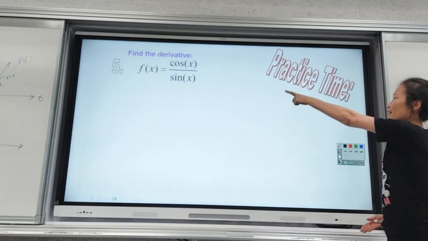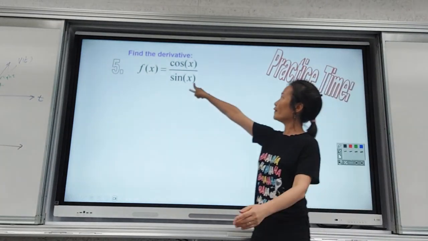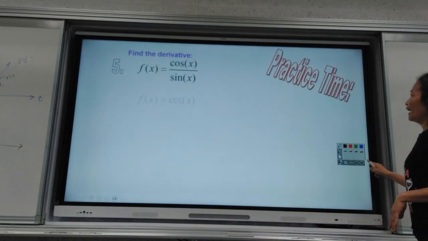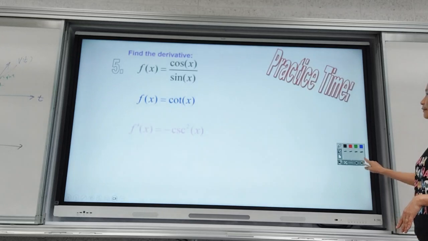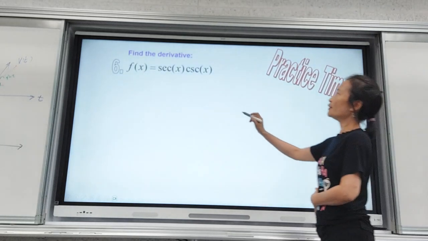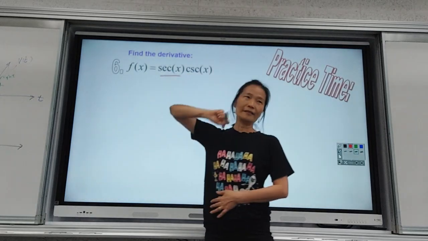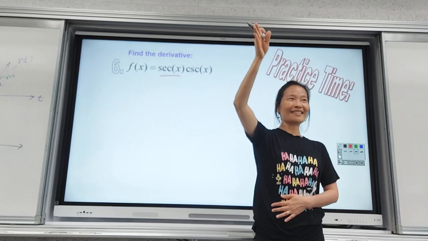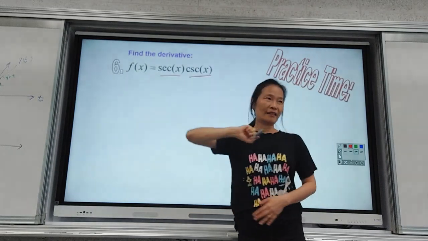This is trying to find the derivative of cotangent. Use the quotient rule. All right, this is the product rule. Who remembers what's the derivative of secant? Secant times tangent, yes. What's the derivative of cosecant?